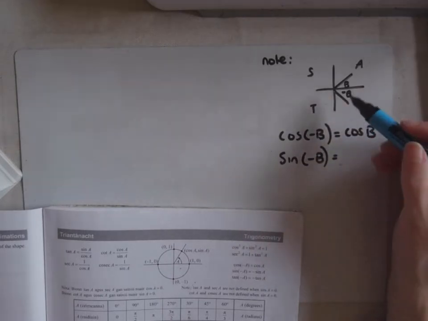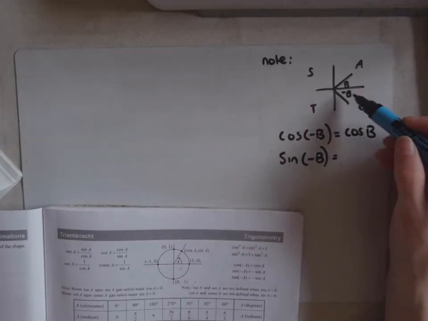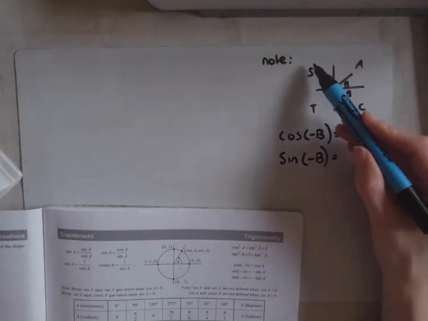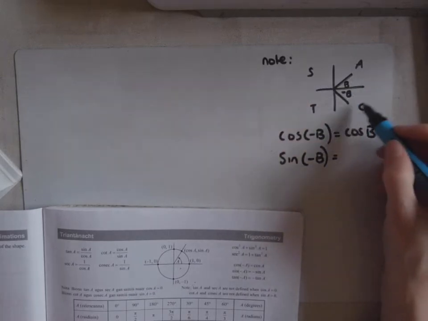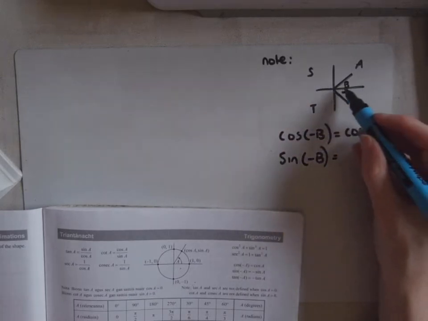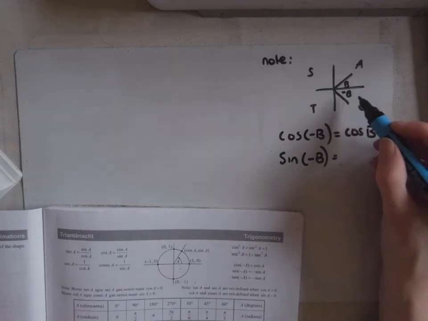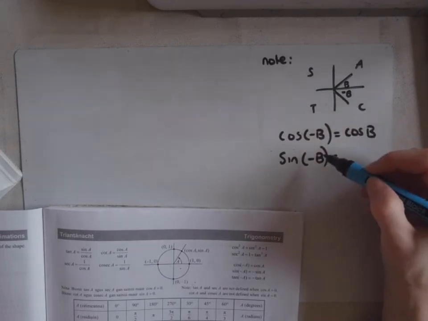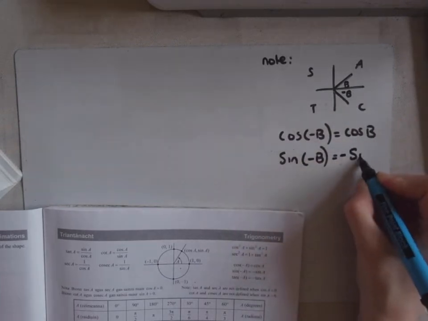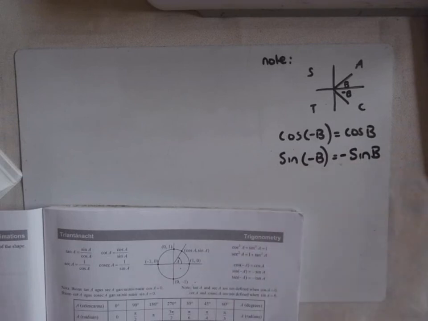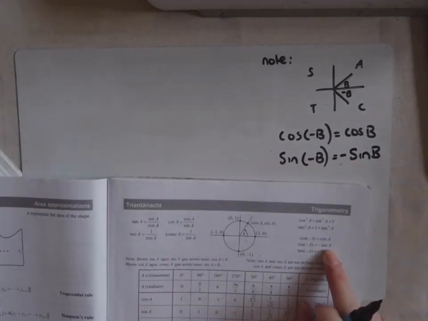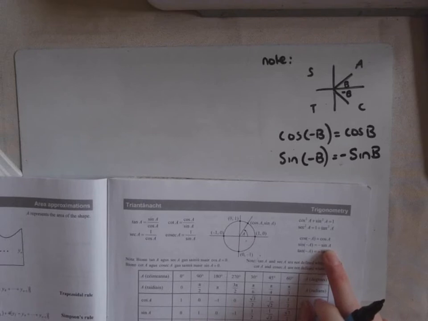Minus. Yeah, a minus, because all of them are positive here, sine positive here, tan positive here, cos positive here. If I'm talking about sine down here, then my answer is going to be a minus. So sine of minus B is the same as minus sine of B. That's also given to you. You don't need to learn it off.